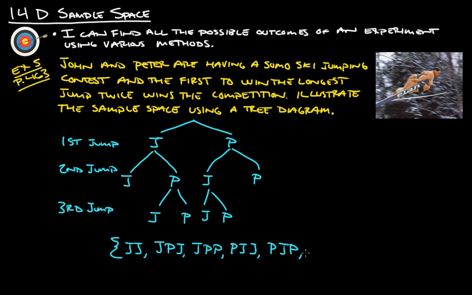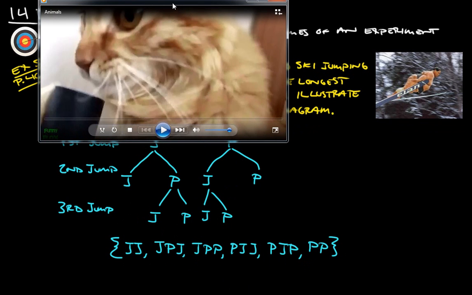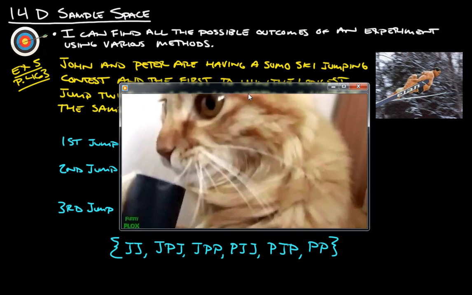This is like a tongue twister. Or Peter, Peter. Okay, and those are the 6 different possible outcomes. The reason why we have to use a tree diagram here is just to make sure that you hit every single possible outcome.